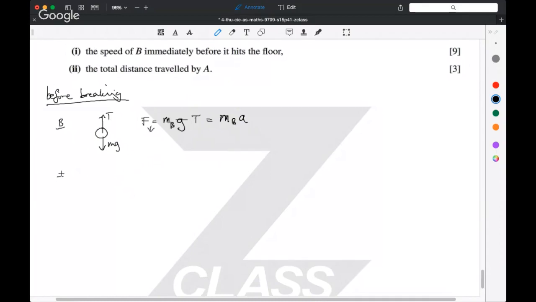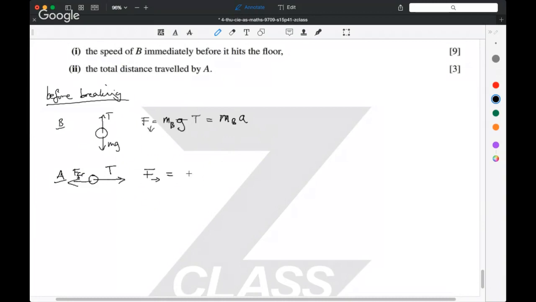Now I'm going to look at A. For A, the only external force acting on it is the tension, and then it's got some force of friction. I'm going to define the positive direction as heading that way, because that reflects the way the whole system is moving, which means both accelerations will be the same.